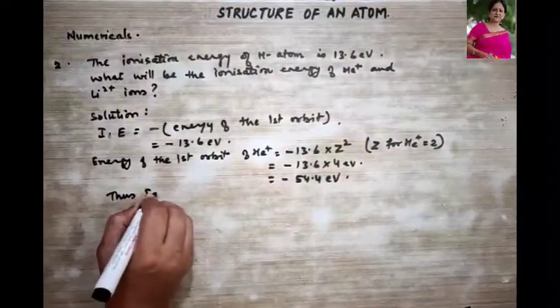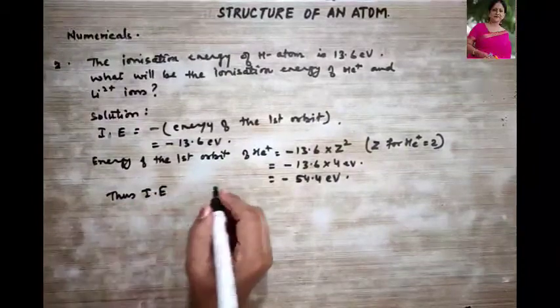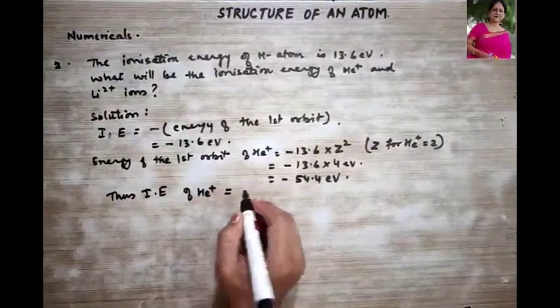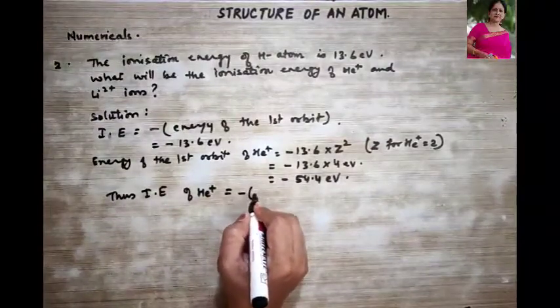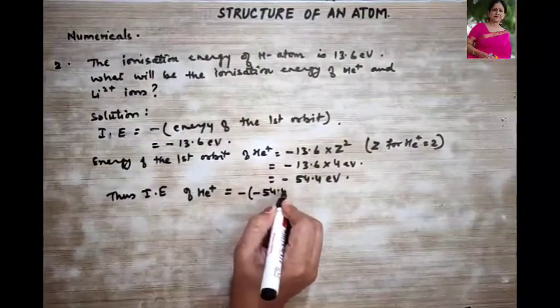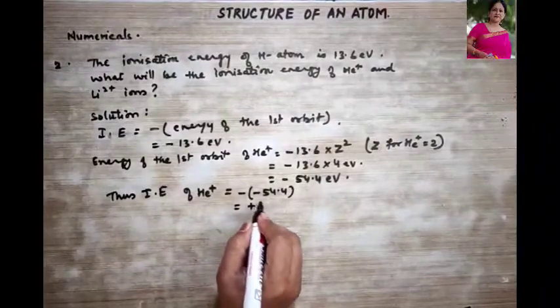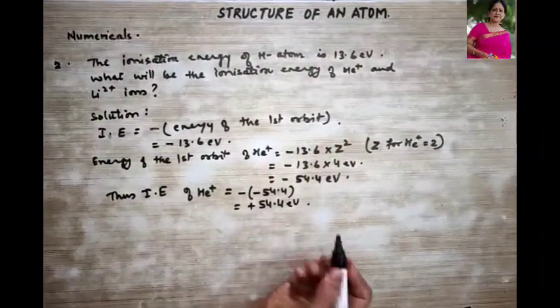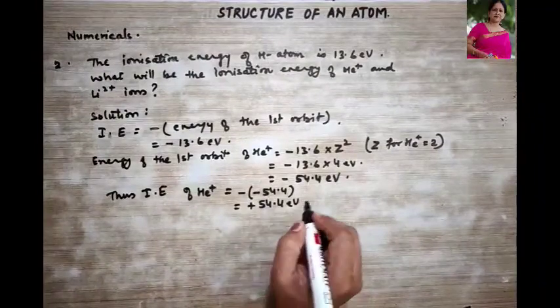So the ionization energy of helium ion will be equal to what? Minus minus 54.4, which is equal to plus 54.4 electron volt. This is your answer.